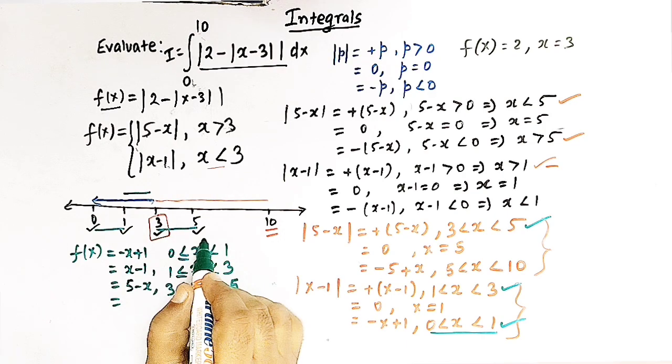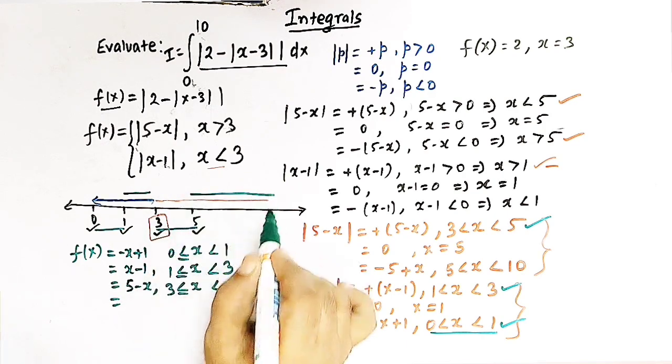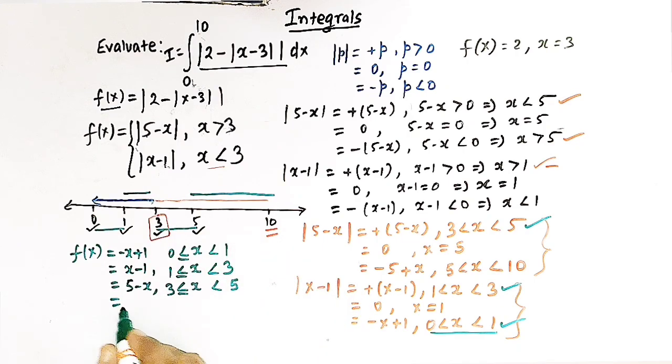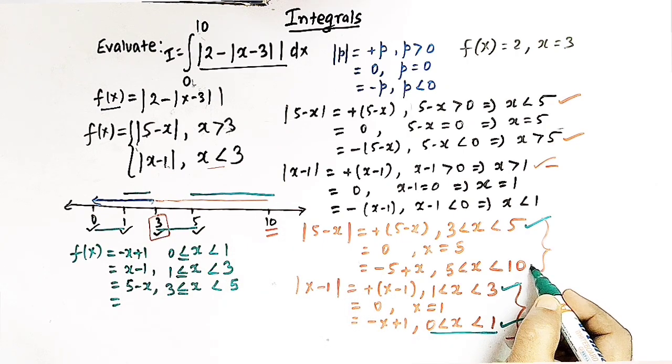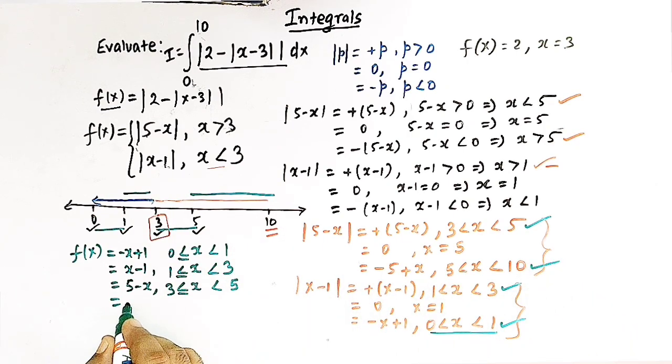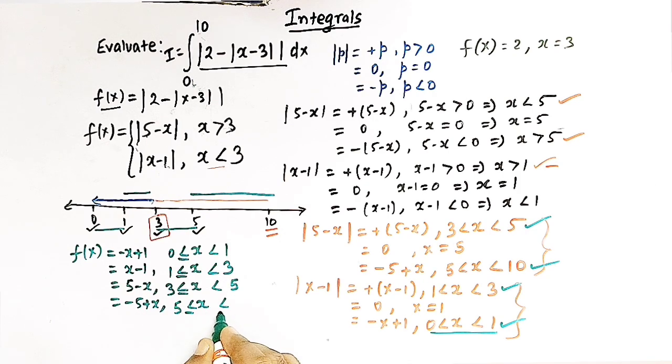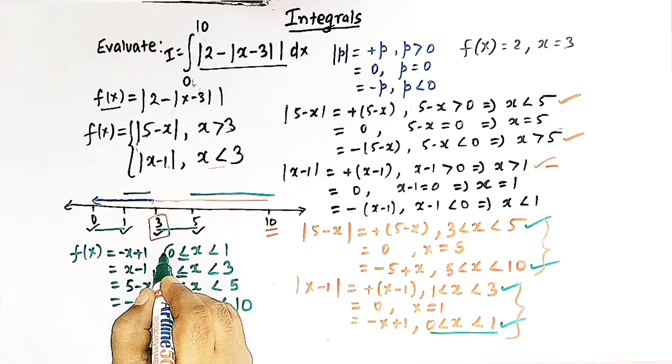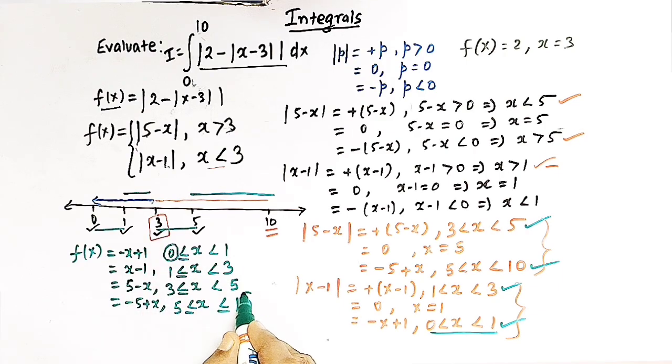And when we consider this interval, that is 5 to 10, then we have this one, that is minus 5 plus x, and here we have x greater than or equal to 5 but less than or equal to 10, right? So this is our lower limit, and this is our upper limit.